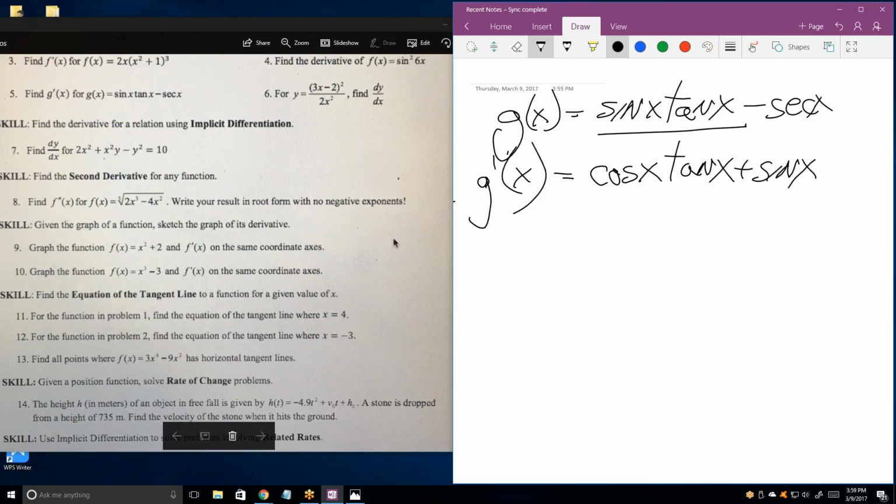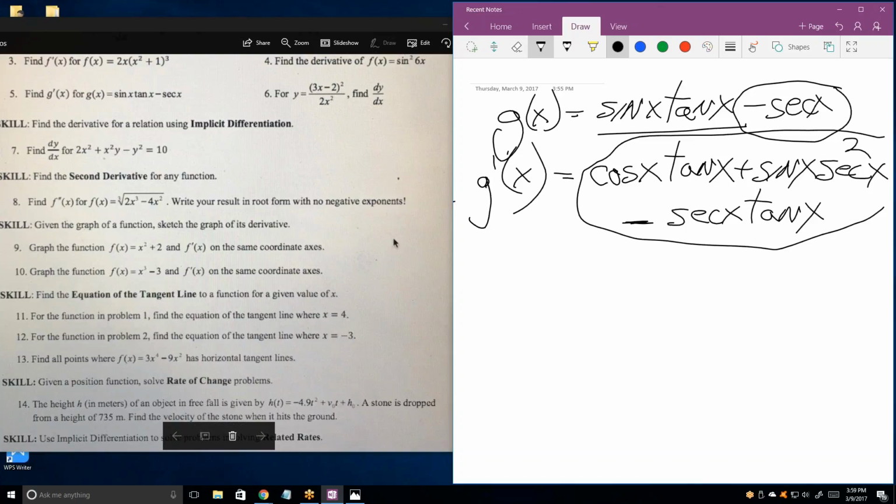Isn't that negative secant x? Positive secant squared. Oh, secant squared x is what the derivative of tangent is. And now we still have this part. So I have to subtract, and what's the derivative of secant? Oh, it's secant x tangent x. Okay, so there's our answer.